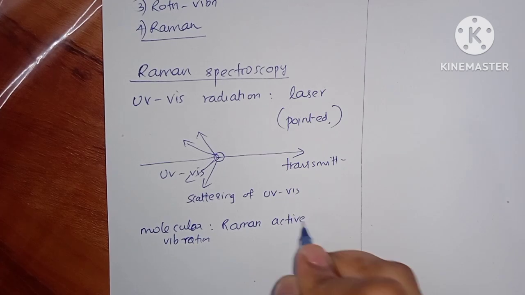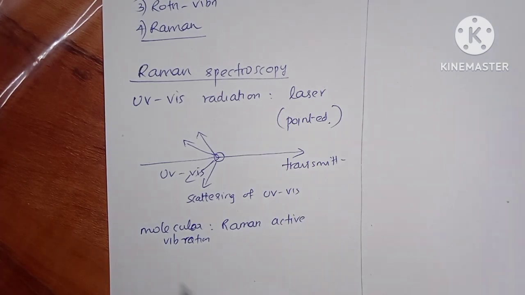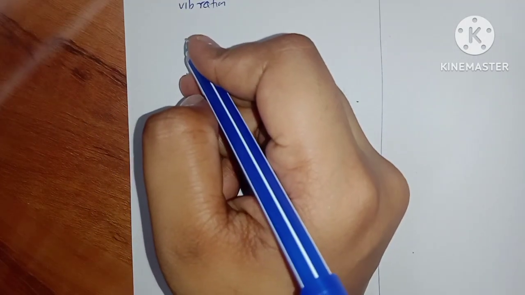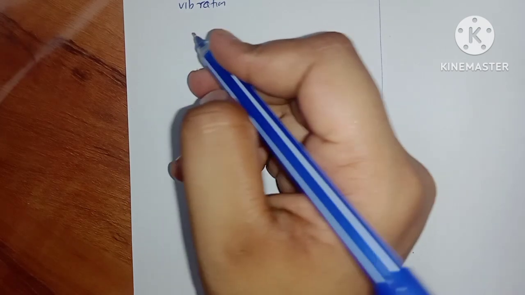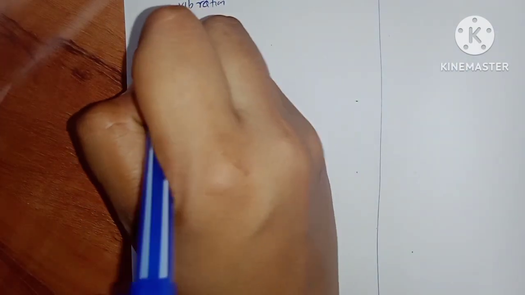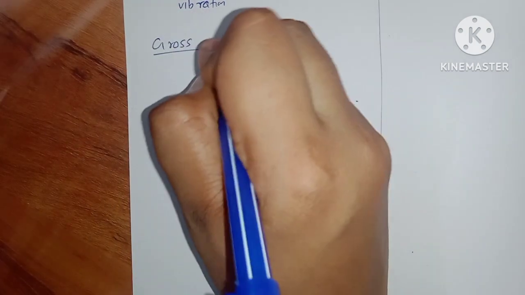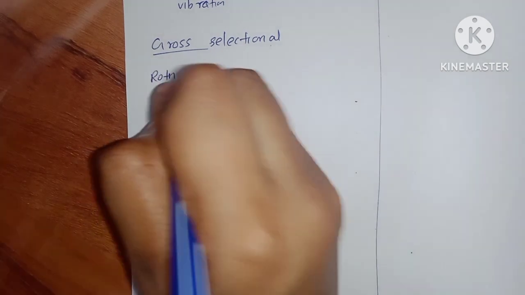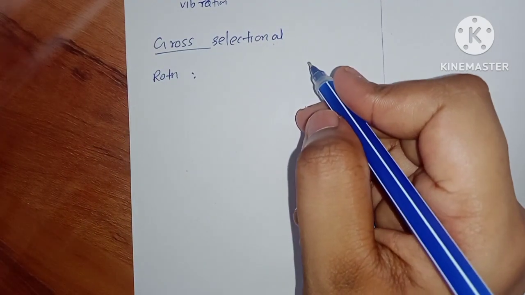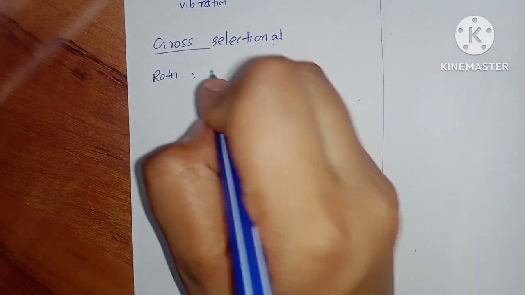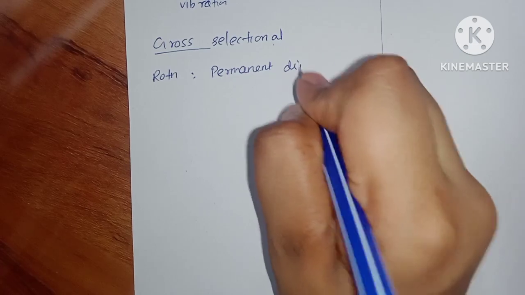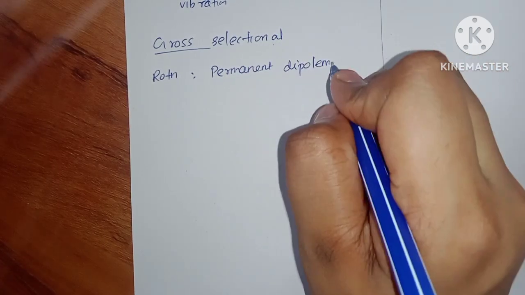So now we have to consider how to check whether a molecular vibration is Raman active or not. The selection rule we use to find whether a molecule is spectroscopically active or not is known as the gross selection rule. For rotational spectroscopy, we have already said that for a molecule to be rotationally active, it should have a permanent dipole moment. That is the gross selection rule for rotational spectroscopy.